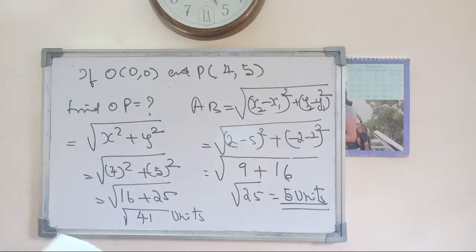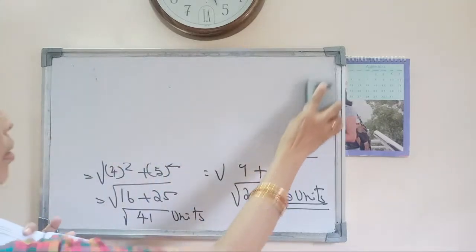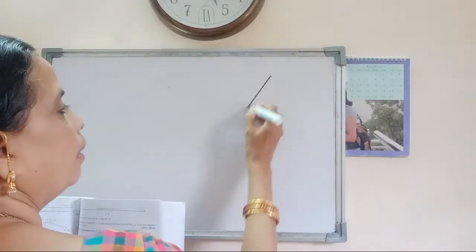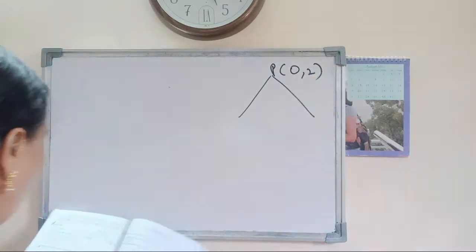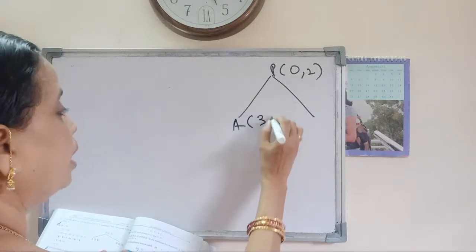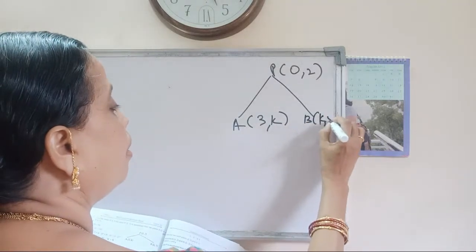Yes. Next question. Find the value of k if the point P (0, 2) is equidistant from A (3, k) and B (k, 5).